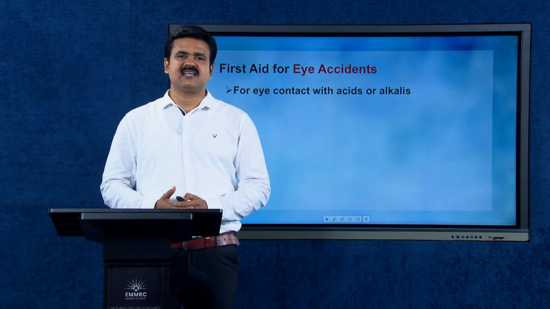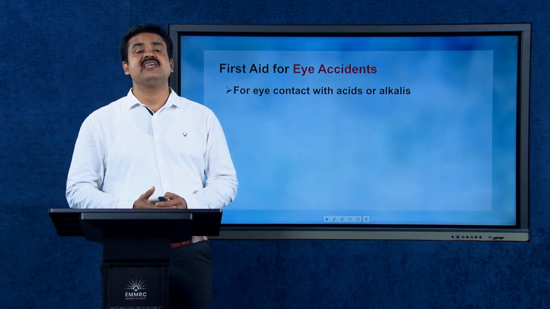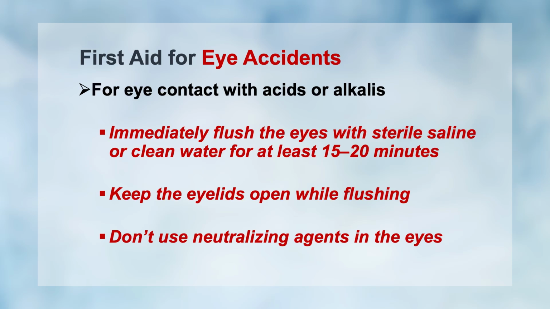Now we are discussing first aid for eye accidents. For eye contact with acids or alkalis, adopt this first aid. Immediately flush the eyes with sterile saline or clean water for at least 15 to 20 minutes. Keep the eyelids open while flushing.